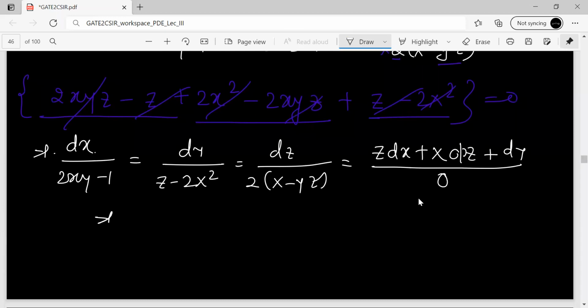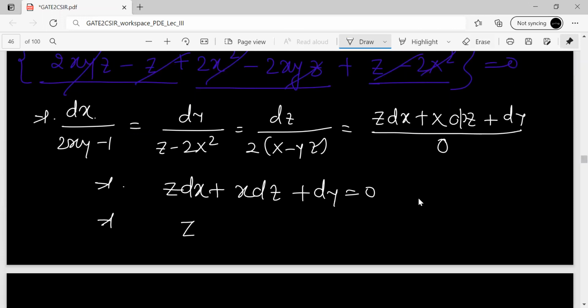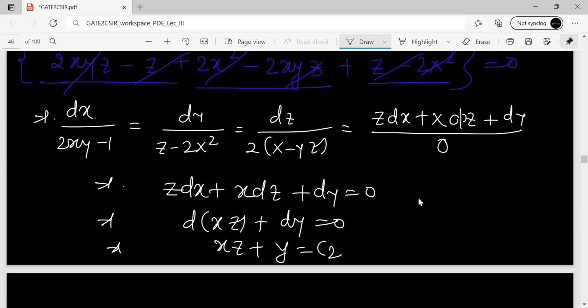So now from here you can conclude that z dx plus x dz plus dy is 0. So now you can integrate and say, you can't, because here it is z dx. So instead you move one more step and write it like this. It's the same thing. And now from here you get xz plus y equal to a constant.